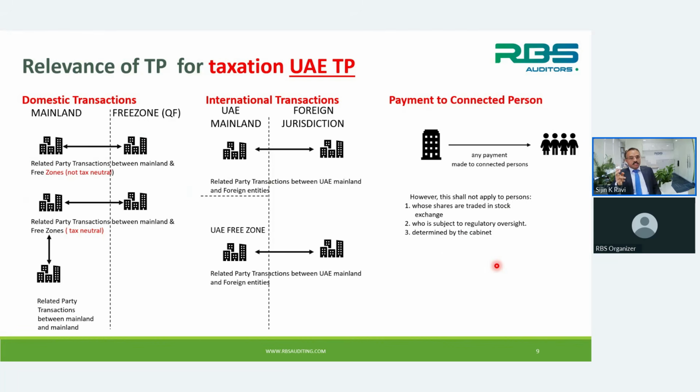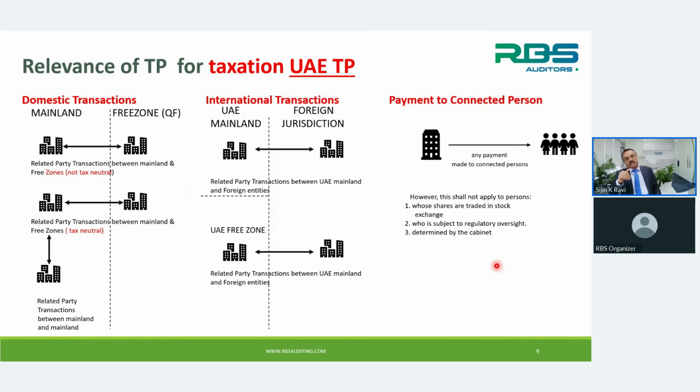So one difference between international TP and UAE TP is that the international one relates only to international transactions between related parties, while UAE TP covers domestic transactions, international transactions, and payments to connected persons.